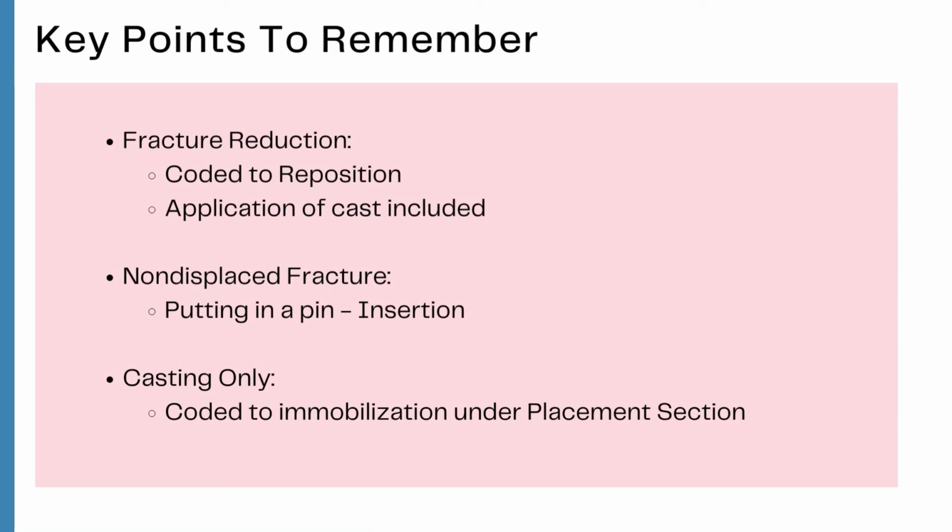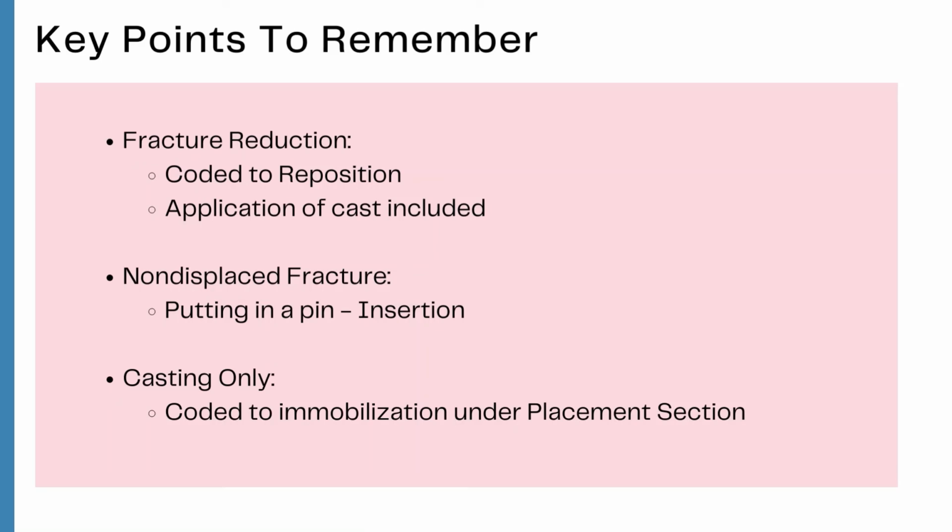Now, the important points that you need to remember specifically for fracture reduction procedures. Closed fracture reductions are all coded to the root operation of reposition. Initial placement of a cast or a splint along with fracture reduction is not coded separately. It is included in the reduction procedure.